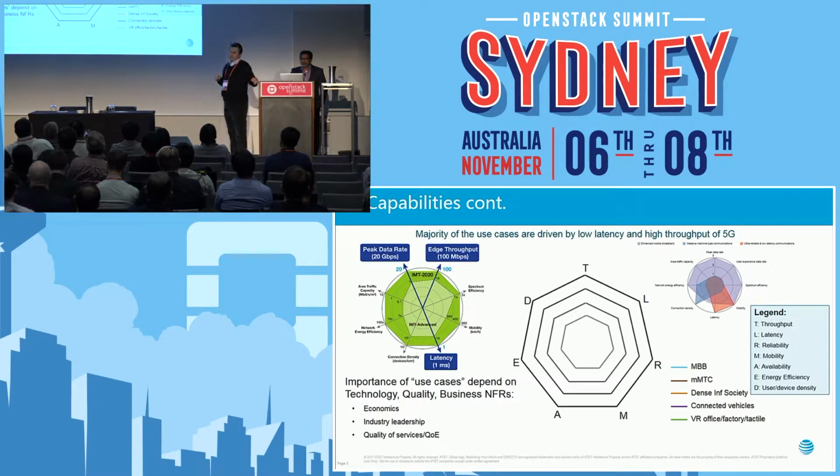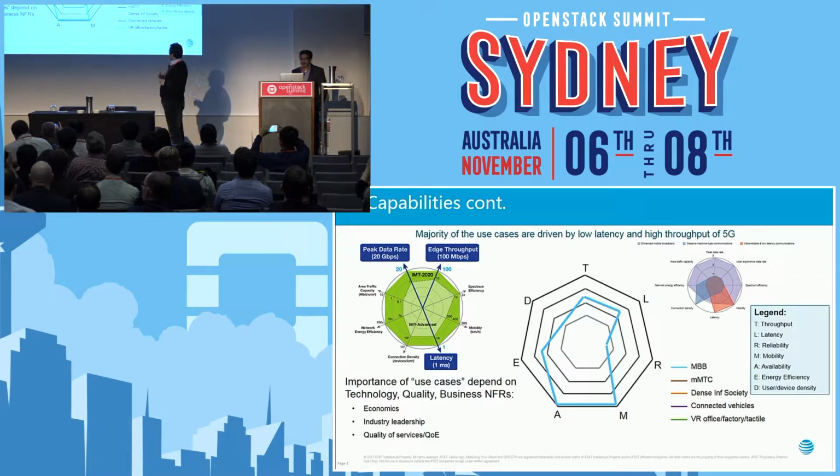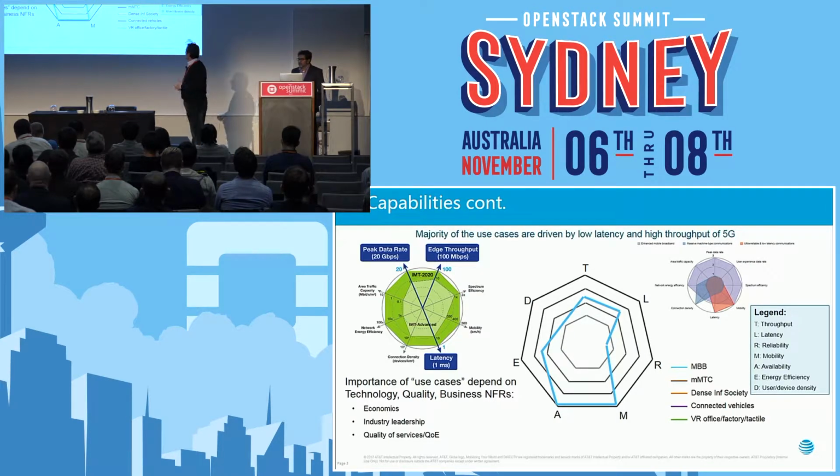The industry is focused on 5. These are not use cases, but 5 categories of use cases, right? The categories of use cases start with mobile broadband. That's a big category, because this blue curve shows you the performance hyperplane of what mobile broadband can be.